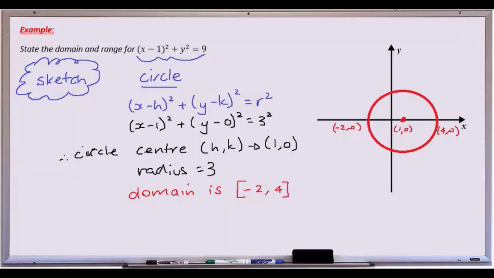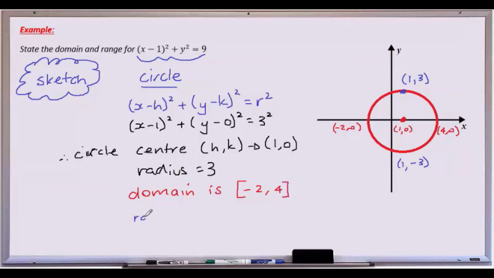Now my range, let's do that in a different colour, they're the y values. And I know if I start at the centre and I go up by 3, this point at the top here is going to be at (1, 3), because it's 3 above 0. And the point 3 below 0 will be at (1, -3).